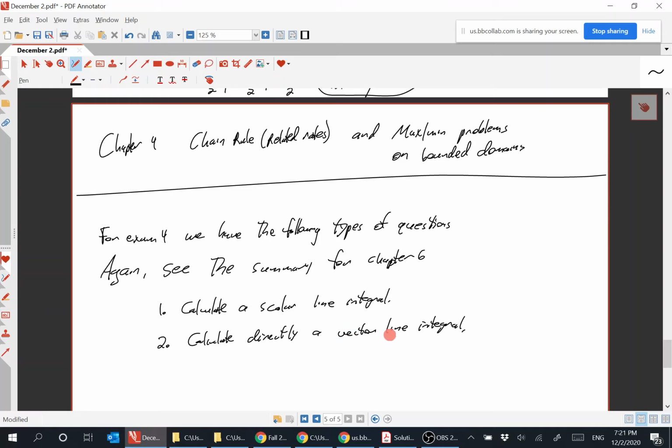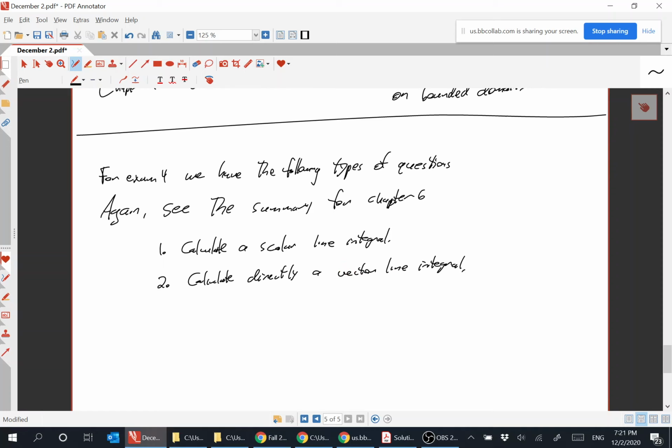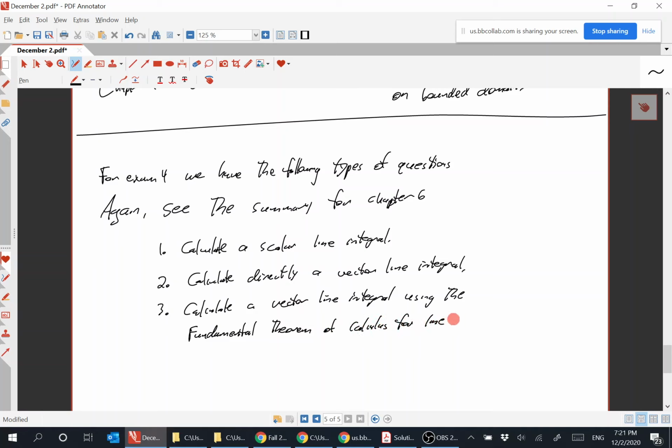Calculate directly a vector line integral: same sort of process. 3, calculate a vector line integral using the fundamental theorem of calculus for line integrals.